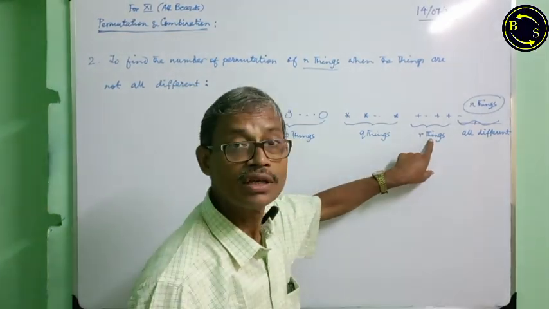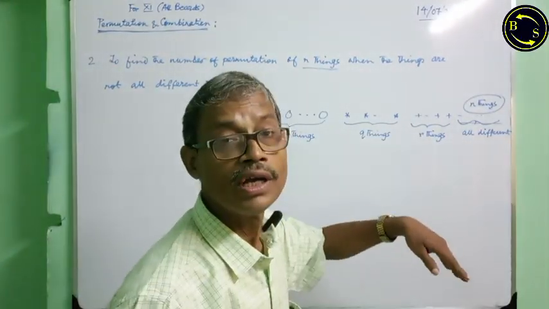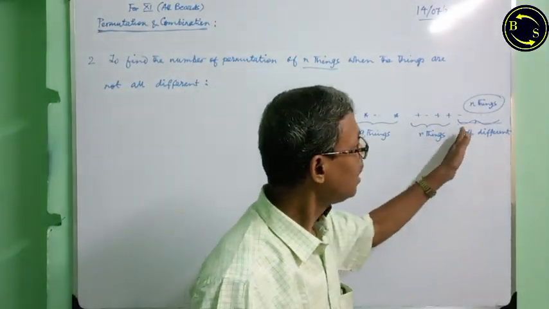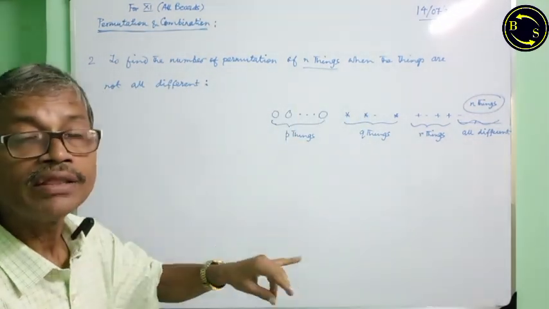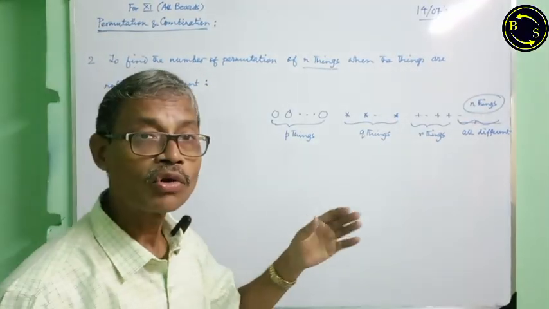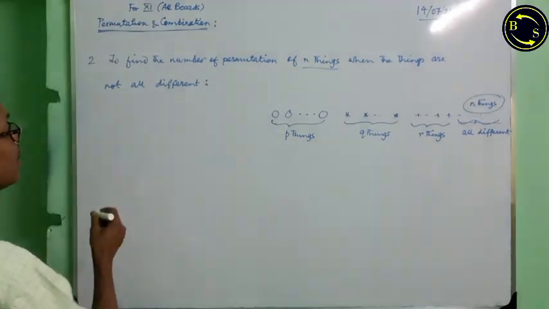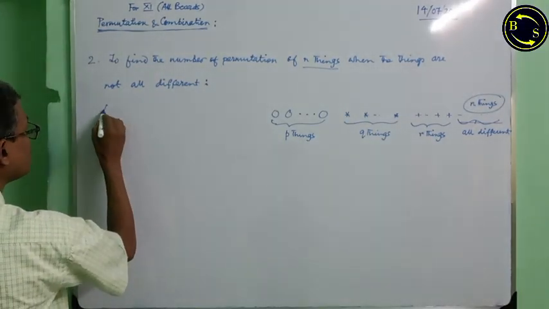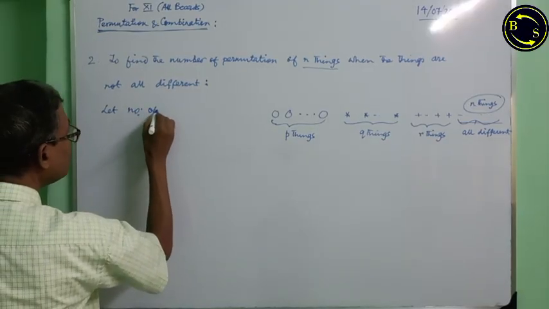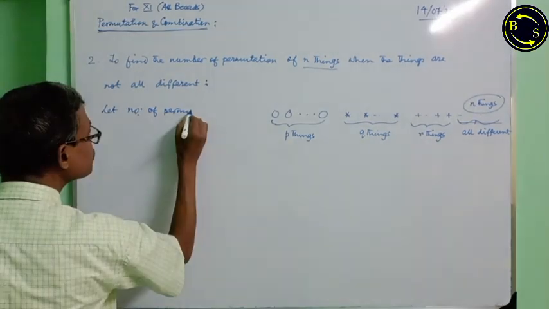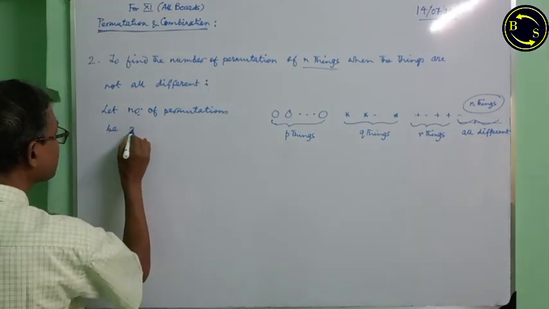And R things are also of the same kind, another kind. And others are all different. Now we take all these n things and what will be the number of arrangements? Let the number of permutations be x.